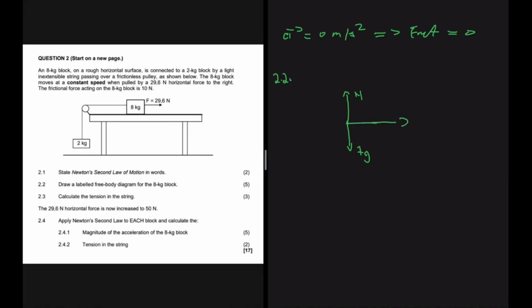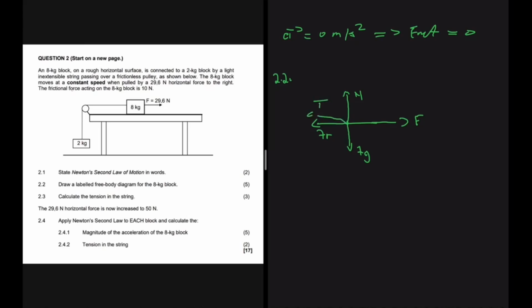And then we have our force that is being applied there of 29.6 Newton. So I'm going to put that there, and then they say that friction is acting, so we're going to have Fr. It is also connected to a 2 kg block through a string, so we have tension, right?